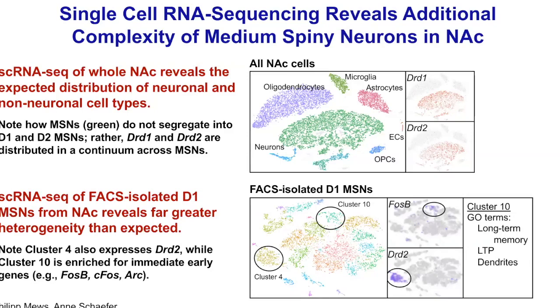The computer identifies over 20 different clusters. Some of the clusters are interesting. One can identify a cluster that also expresses D2 cells. In fact, we know that about 10% of nucleus accumbens neurons do express both cell types. One can also identify a cluster that's enriched in immediate early genes like phosphate and ARC and others. But this heterogeneity of D1 medium spiny neurons is hard to know what to do with.